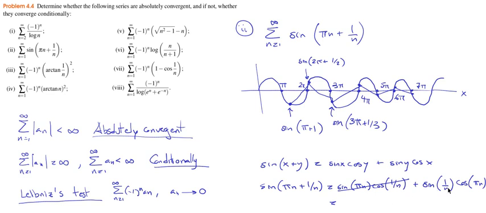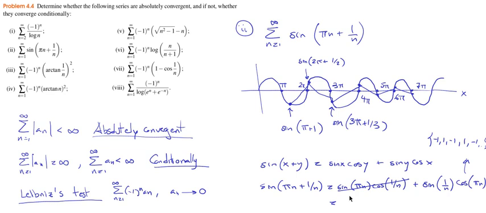And then we have the sine of 1 over n, and then the cosine of pi times n: when n is 1, the cosine of pi is minus 1, and when n is 2, the cosine of 2 pi is 1. So the function cosine of pi n takes the values minus 1, 1, minus 1, 1, minus 1, and so on and so forth.